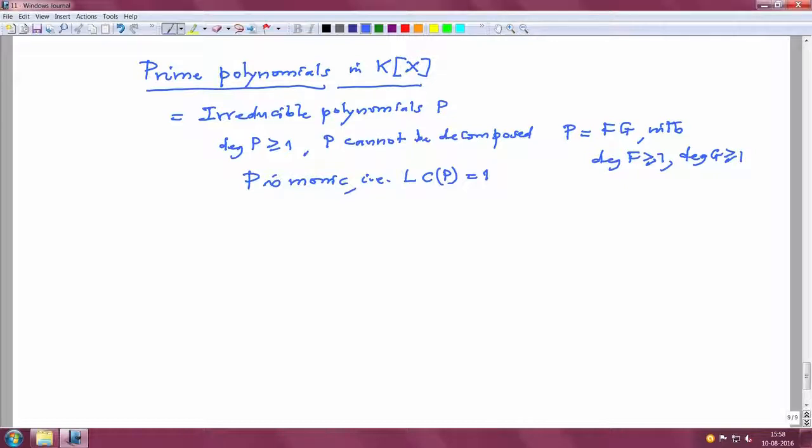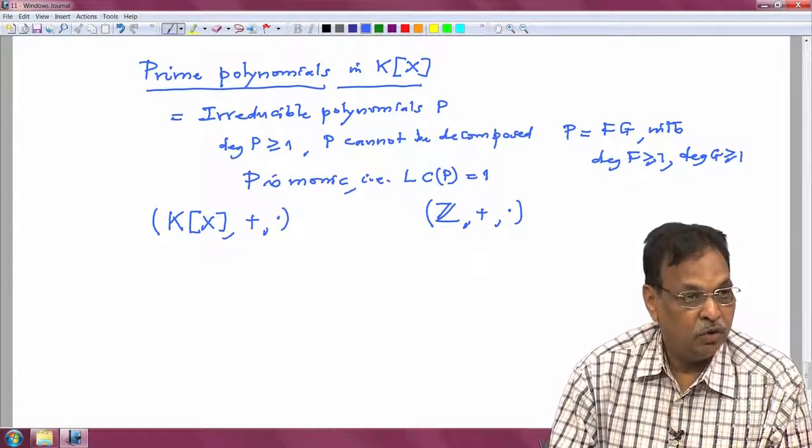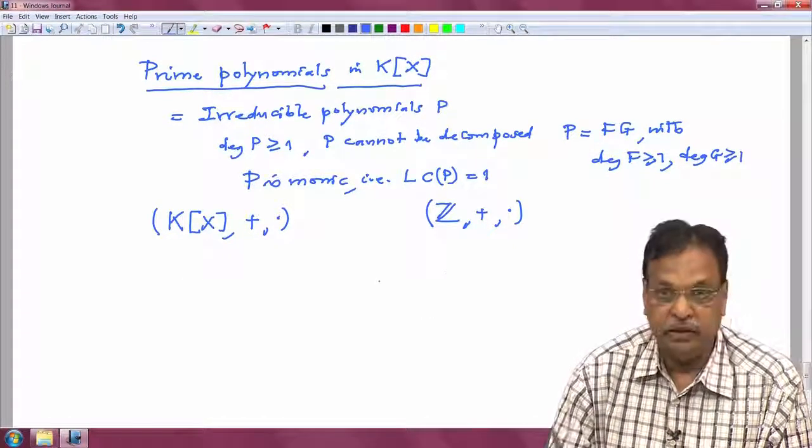So, this algebra K[x], this ring, is exactly similar to the ring of integers. We have seen the analogues of prime numbers as prime polynomials, also division with remainder, also the Euclidean algorithm, and so on.